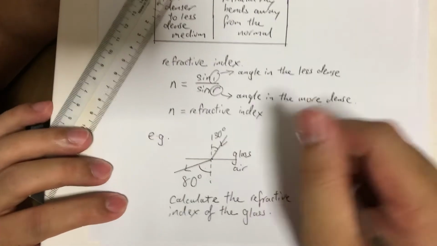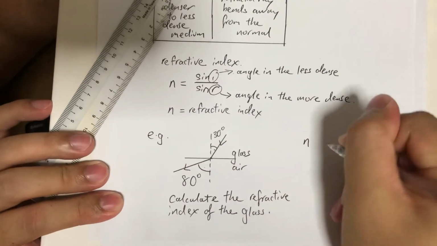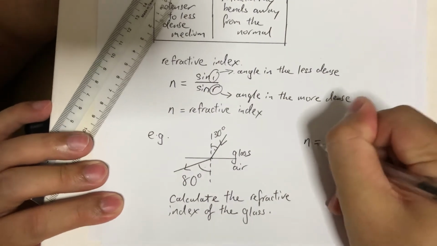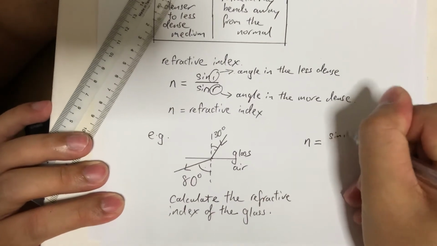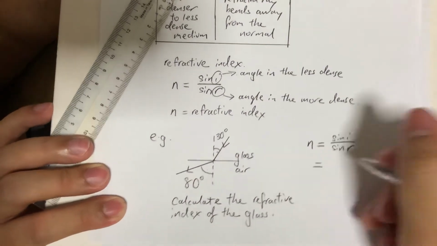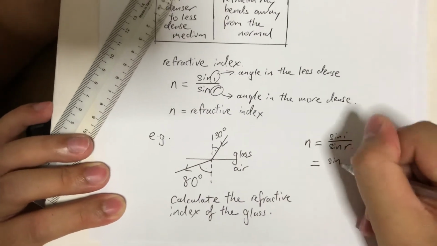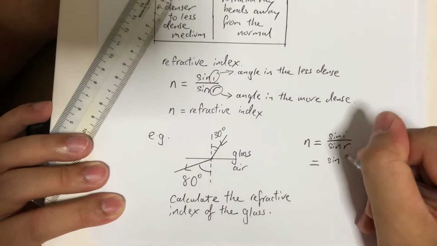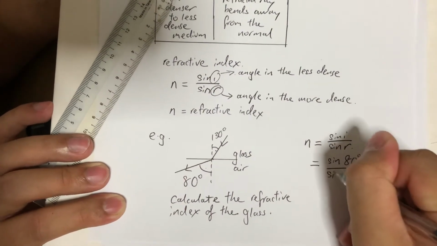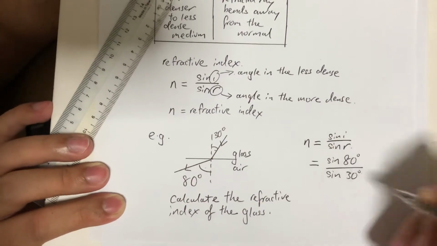Now, for this particular example, we want to calculate the refractive index of glass. So it's still the same formula, n equals sine i over sine r. But look at what number I'm going to use. Sine i here, I'm actually going to write sine 80 degrees, while r here, I'm actually using 30 degrees.